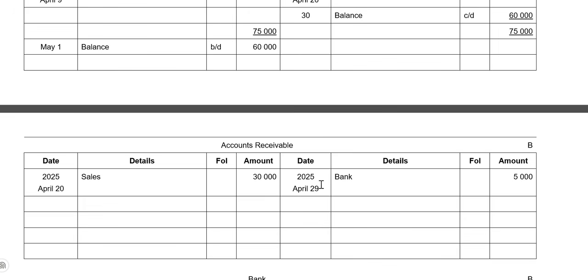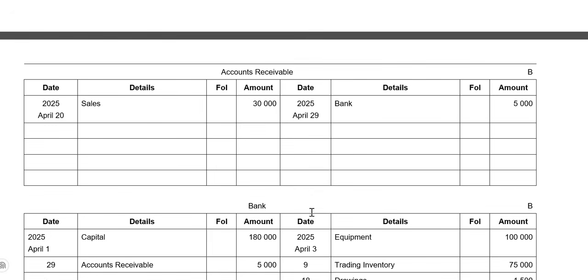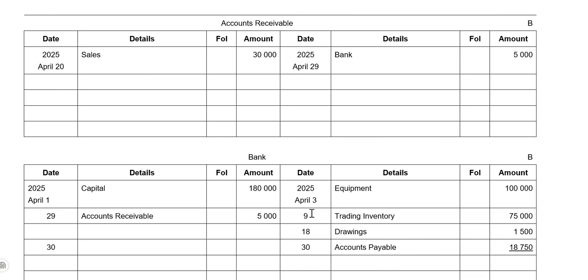Now, accounts receivable has an entry on the debit side and the credit side. You'll balance it, just like the trading inventory account. But I want to do the bank account because there are lots of entries in here. So on the debit side, you got that capital contribution, and we received money from debtors.